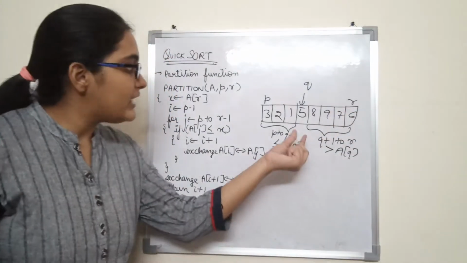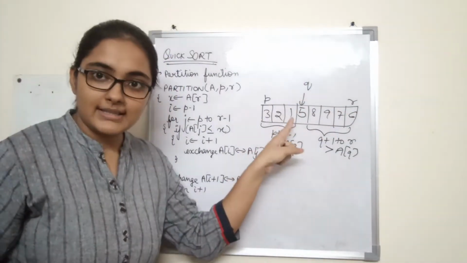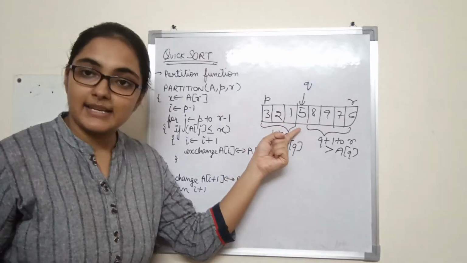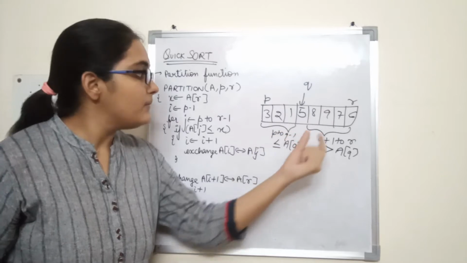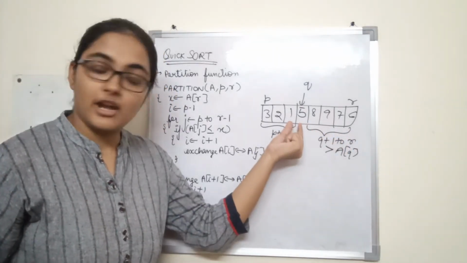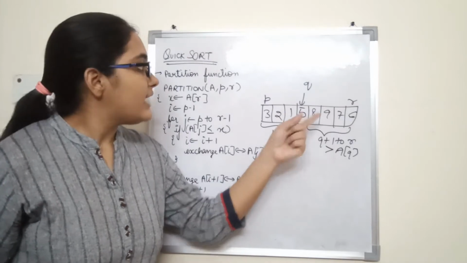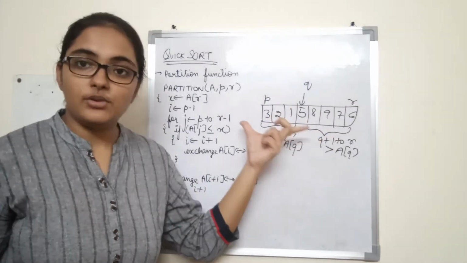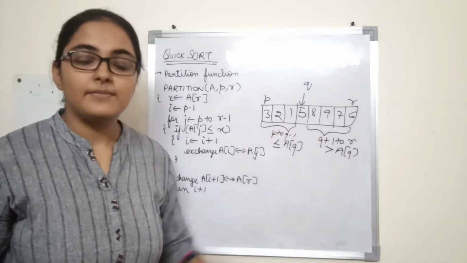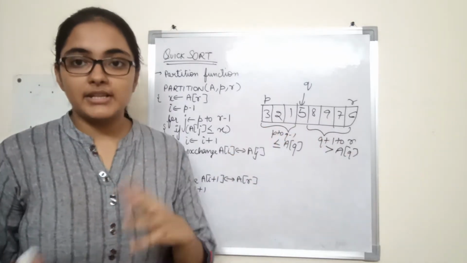So we have found an index Q such that all the elements from P to Q minus 1 are less than or equal to A of Q, and all the elements from Q plus 1 to R are greater than A of Q. So we have to partition the array like this, into 2 sub-arrays. That is the divide step.